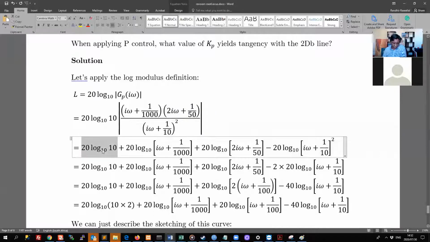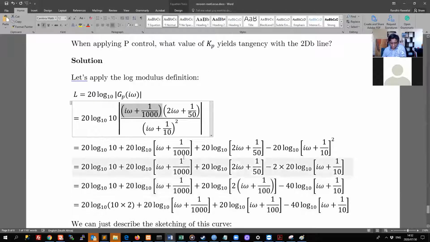Log 10 of 10, by the way, is 1, so that's 20. Then we have 20 log 10 of the magnitude of (i omega plus 1/1000). And by the way, these square brackets throughout should be magnitude signs, so just read these as magnitude signs, please.